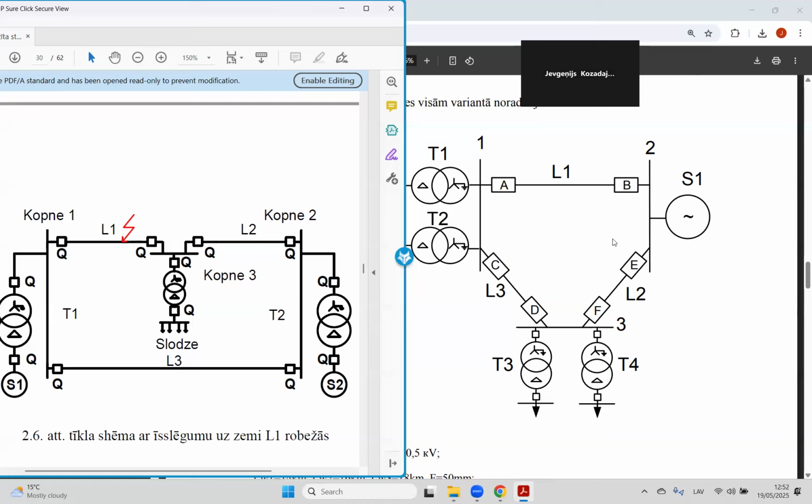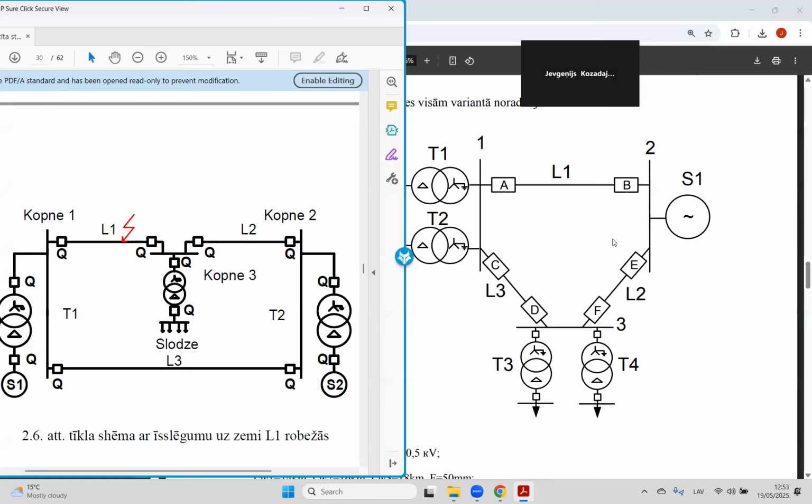The only difference is that here we have two systems, and every system has its substation with a transformer. Here we have only one system and two generator transformers. What is the main difference between the two schemes? We'll learn how to calculate using this scheme. Your homework will be to do with this scheme.